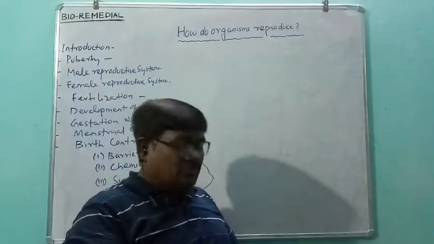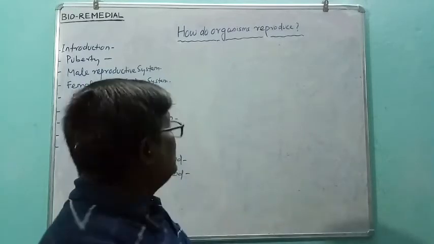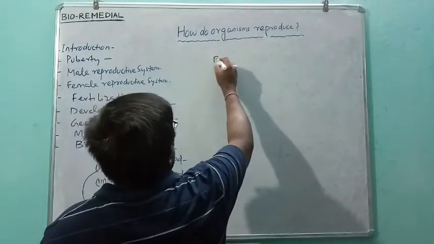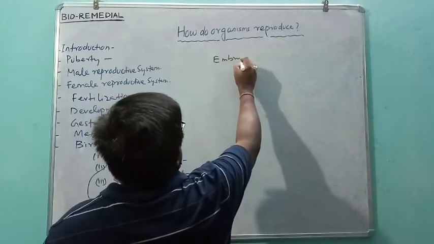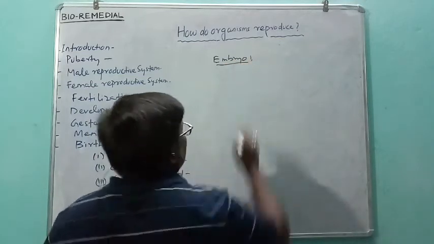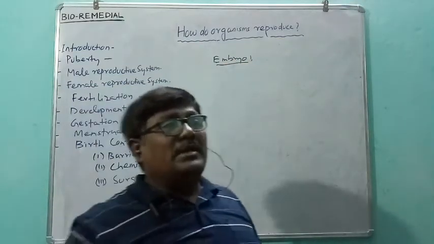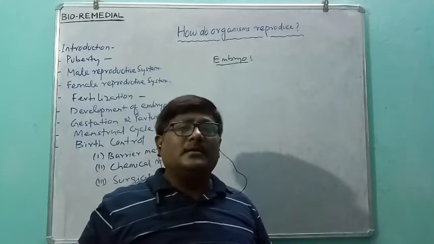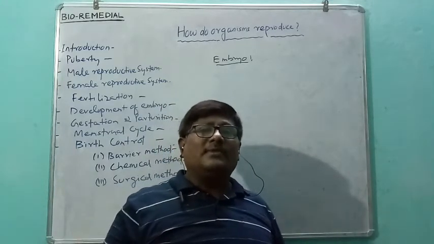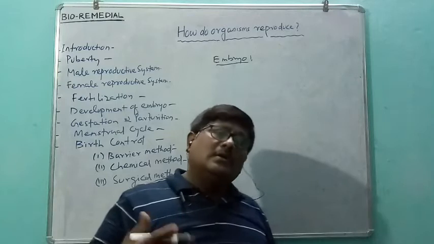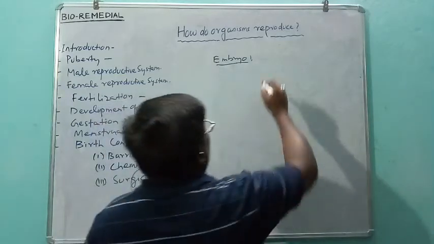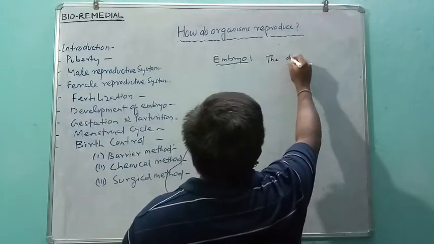So this developing stage of the zygote is known as embryo. So what is exactly an embryo? When the zygote starts dividing into 2, 4, 8 likewise, the developing stage is known as embryo. Embryo is the developing stage of the zygote.